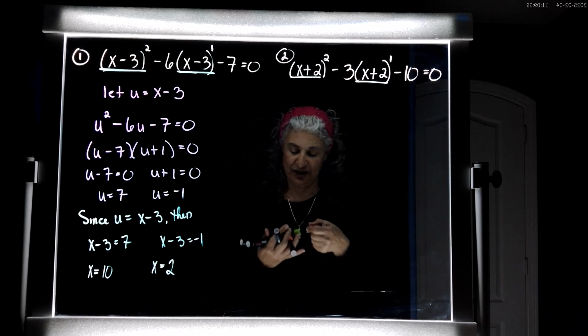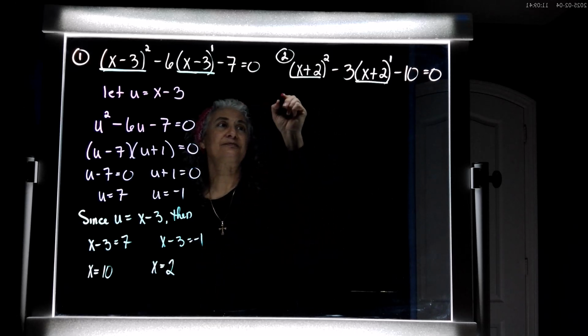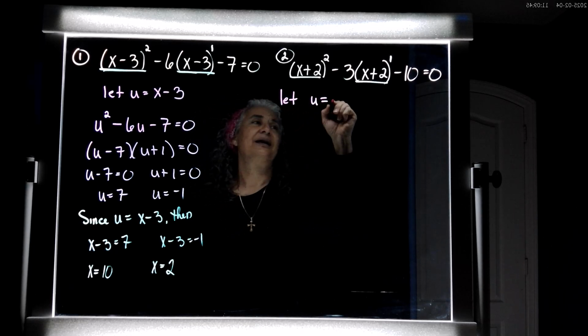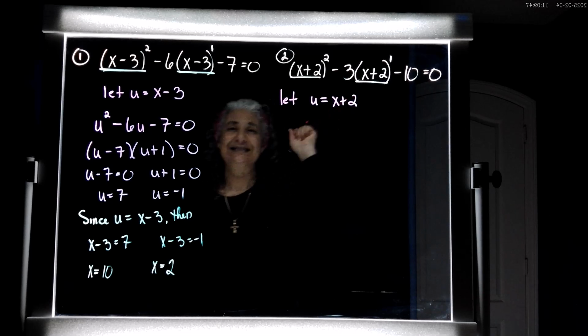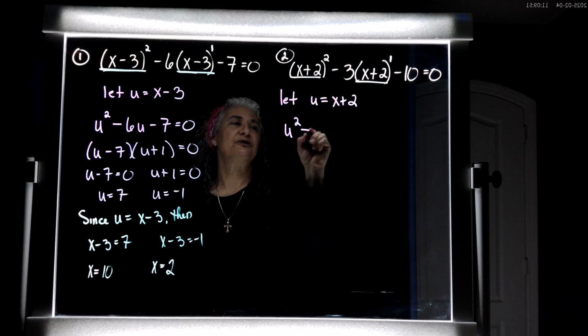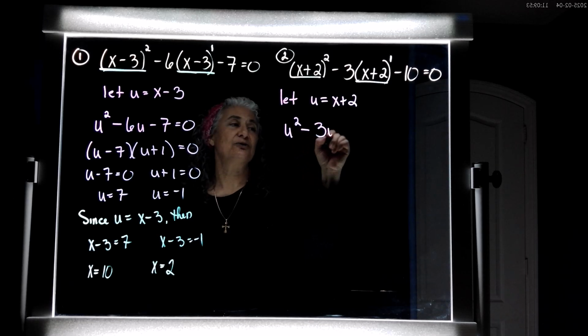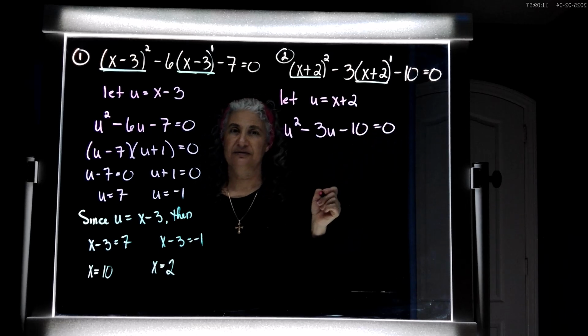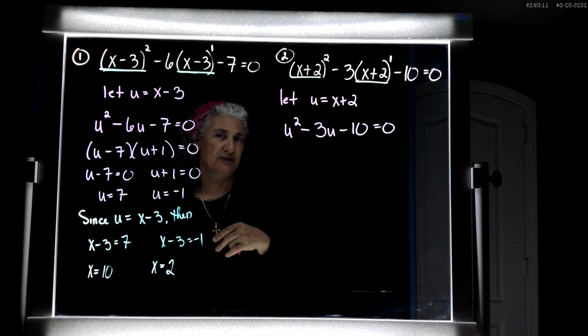Definitely quadratic in nature. So let's substitute. Let u equal x plus 2. Yay! Yep. U to the power of 2 minus 3u, it's power of 1, minus 10 equals 0. Super easy to factor, right?